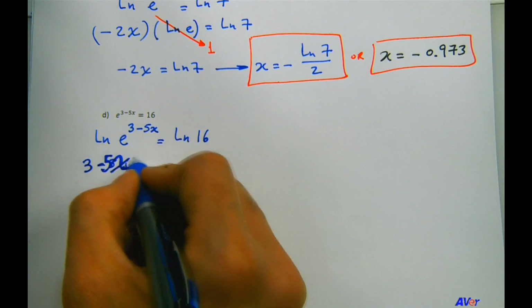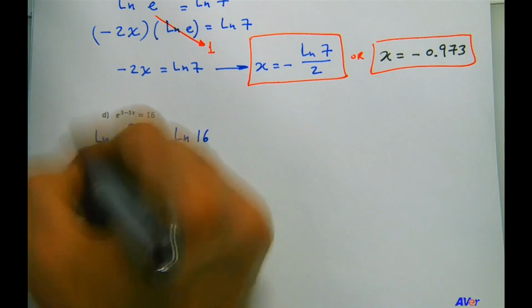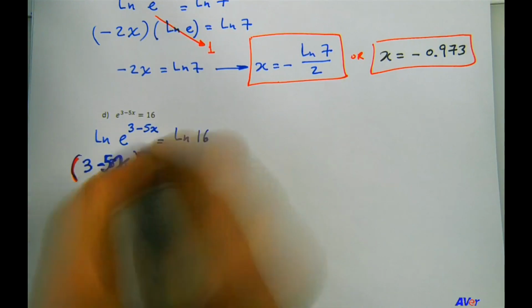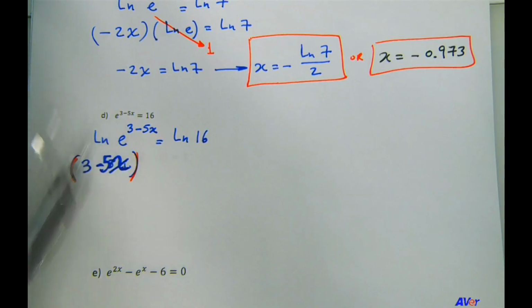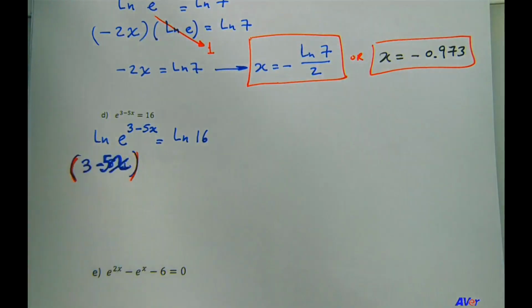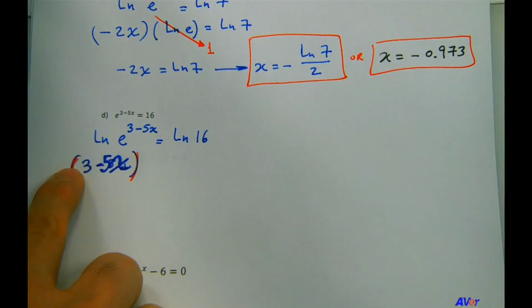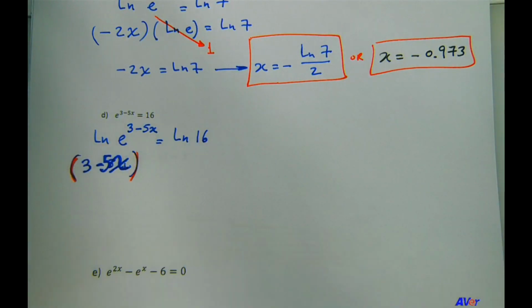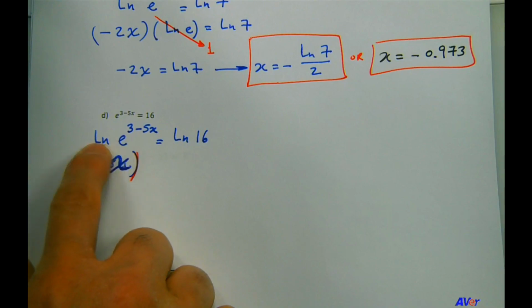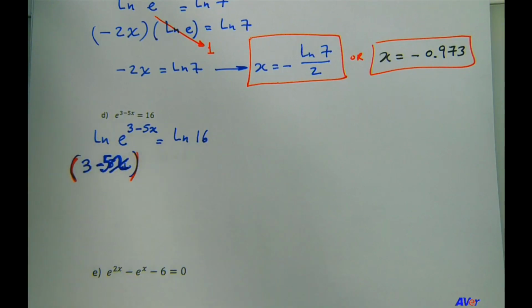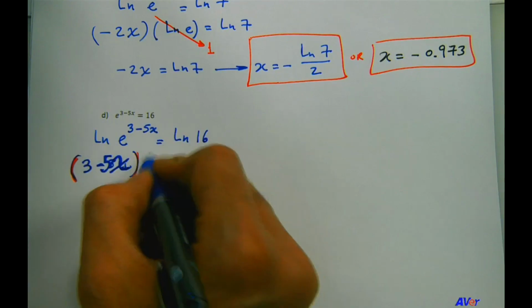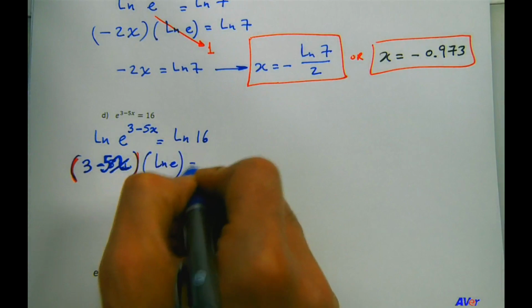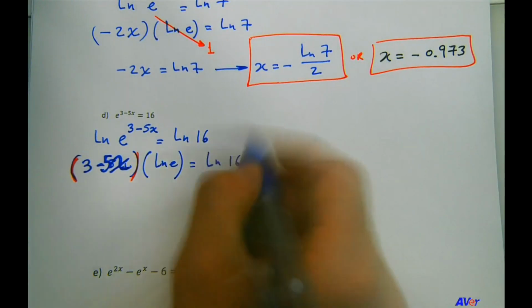Minus 5x times, I don't want you to forget to put these parentheses, because if you do, then you're going to multiply only natural log of e by this and not by that. In this case, you might get lucky because natural log of e is just 1, and if you forget to multiply 1 by 3, it's no harm done. But if it's any other term than that, then it's going to create a problem. So 3 minus 5x inside parentheses, because it's two terms, times natural log of e equals natural log of 16.